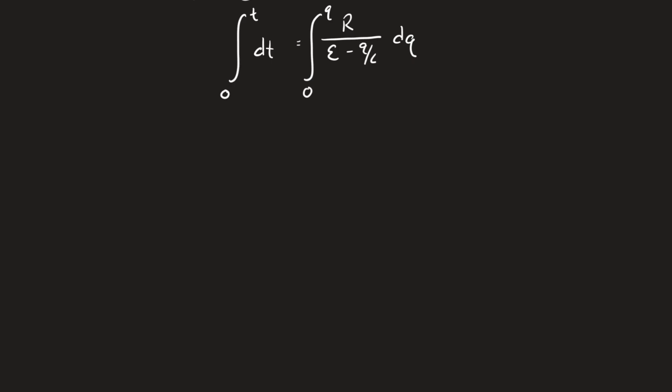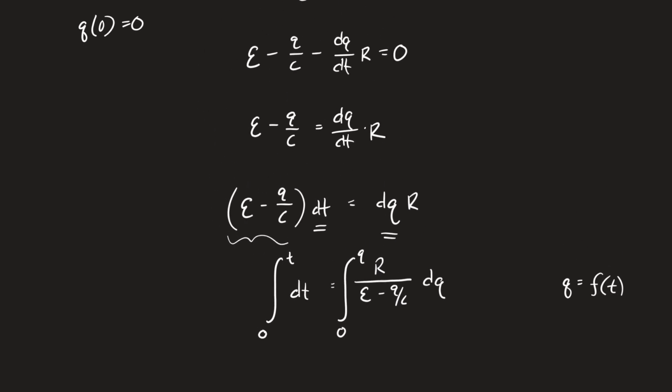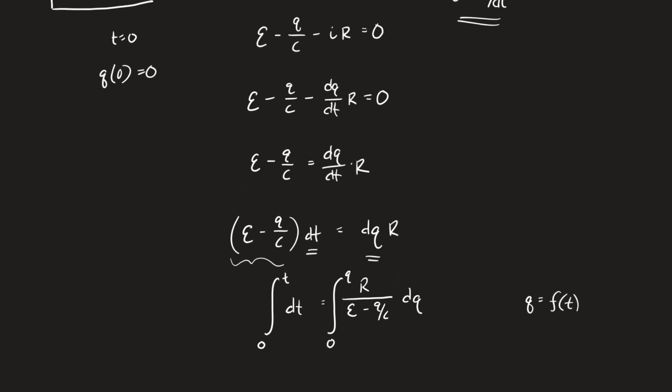Remember, our goal is to create q as a function of t. So we are putting function variables into our integral so that at the end of this, we get q as a function of t.